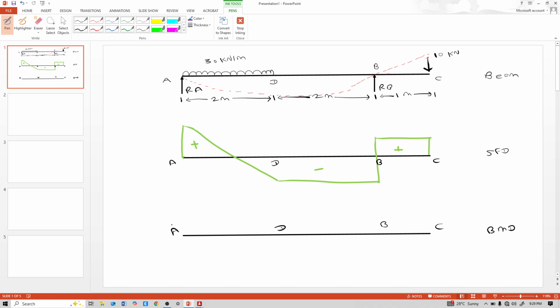Between point A and D there is a uniformly distributed load, so for a uniformly distributed load the bending moment is a parabolic line. So this is like this, and towards D it is like this.